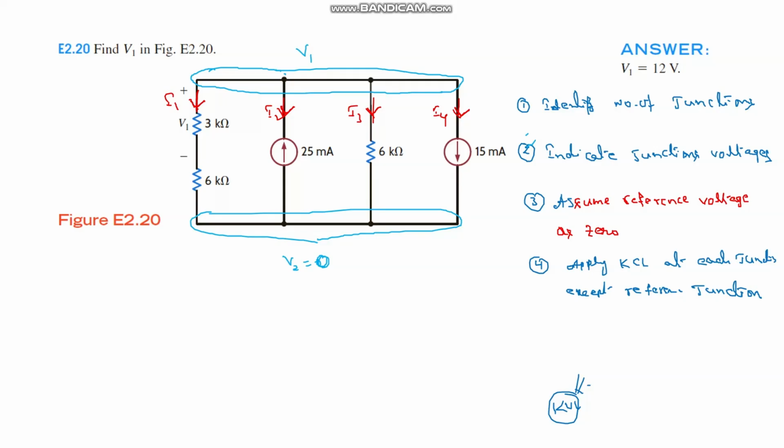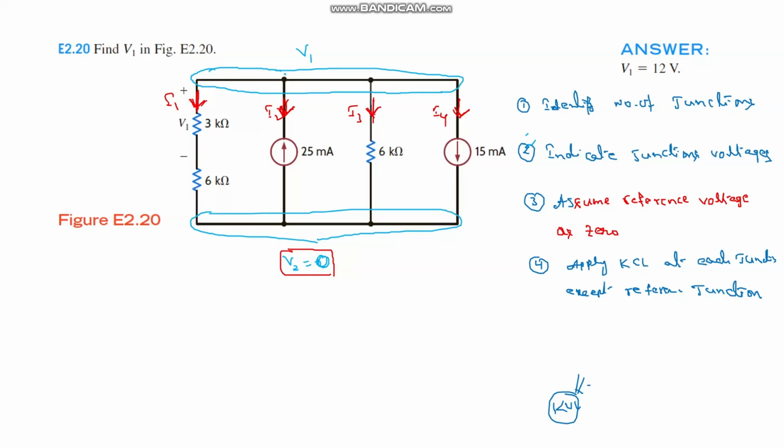I4. Now apply KCL at each junction except the reference; we have to apply KCL at each main or principal junction. According to KCL, sum of incoming currents is equal to sum of outgoing currents. In this circuit, all four currents are coming out of the junction, so all are outgoing only.